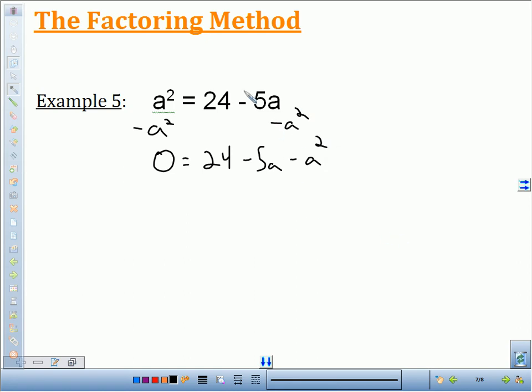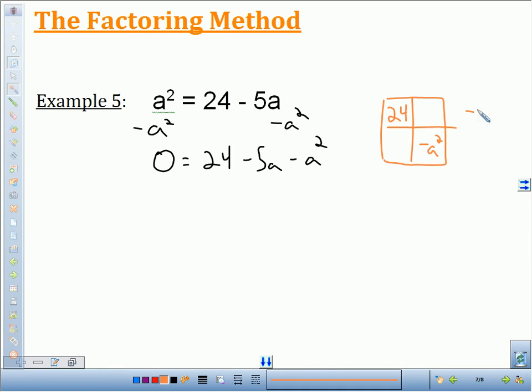Since the a squared doesn't combine with anything, it just sits there at the end. Now this I can factor. So that's what I'm going to do. Same process. First term goes in the first box. Last term goes in the last box.